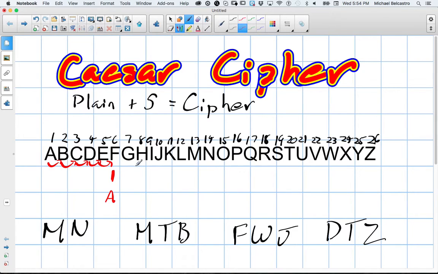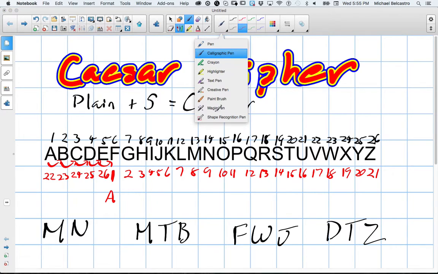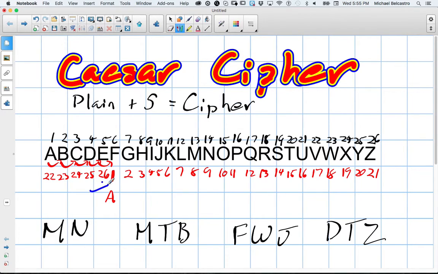So this is where our 1 is. So I'm going to go 2, 3, 4, 5, 6, up to 21. And then we don't just continue into nothing. 22 is now what A was. So 22, 23, 24, 25, and 26. So now that we've changed our number, this is our 1, we can now line up our alphabet.